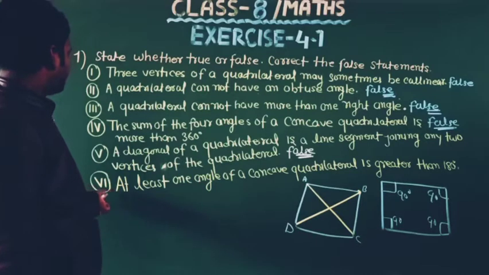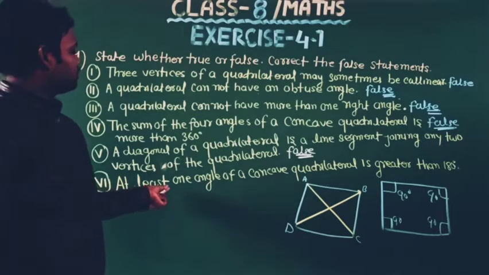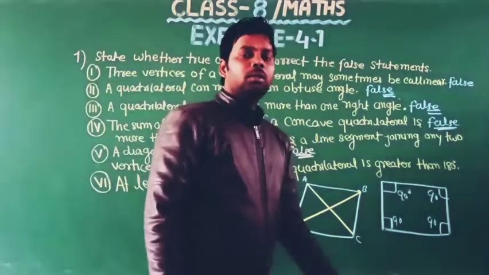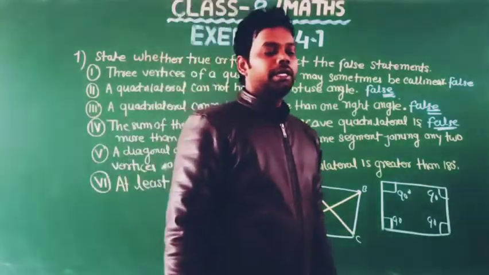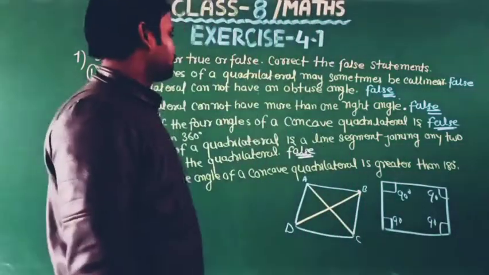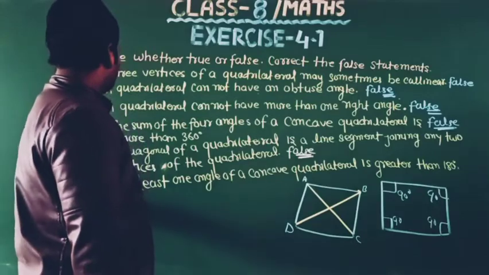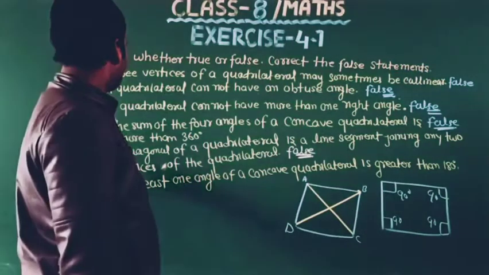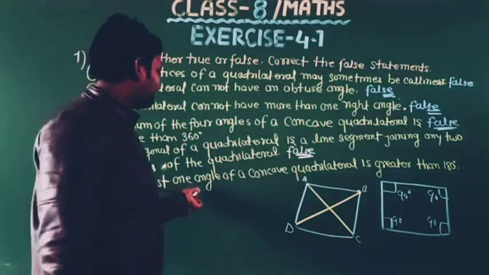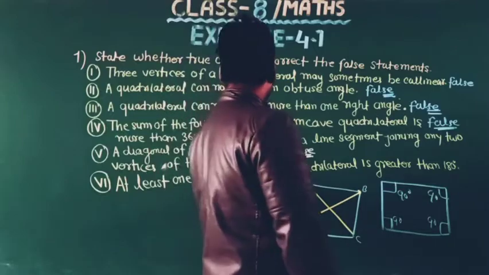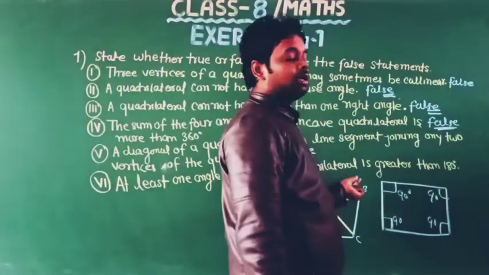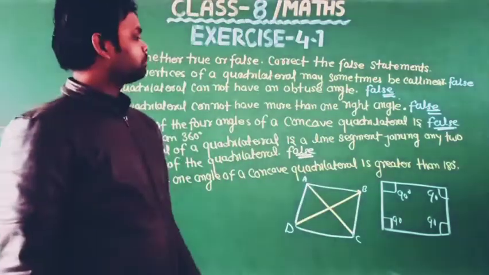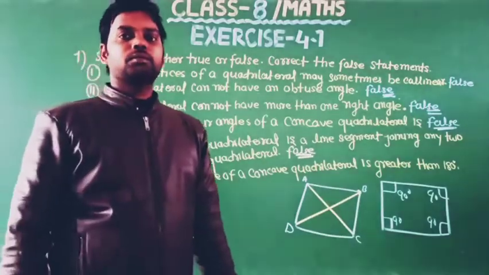And the last part says that at least one angle of a concave quadrilateral is greater than 180 degrees.